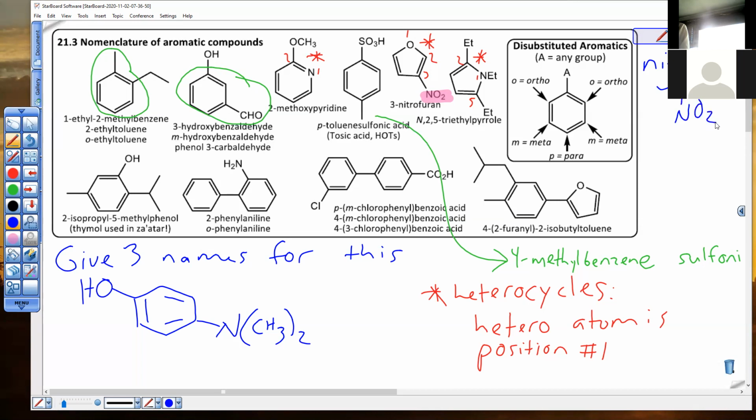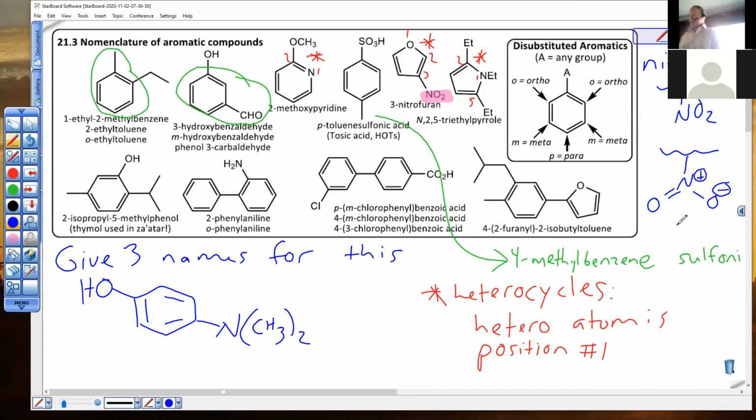And we should know at the drop of a hat how to draw its Lewis structure, which is kind of unique. It's got adjacent plus and minus charges. It does qualify as an ylide in that regard, but it's a resonating ylide, so we don't think of it as an ylide in terms of its reactivity. So learn the nitro group. It is an important group.